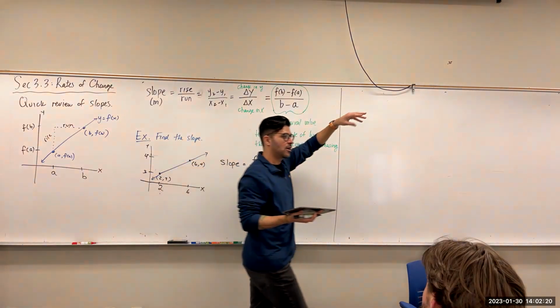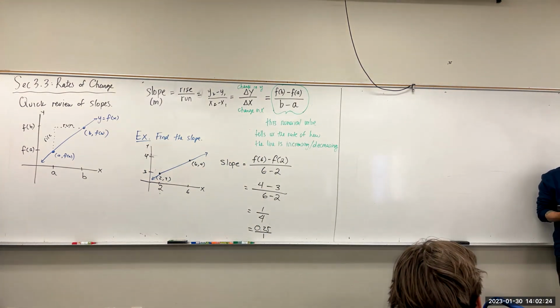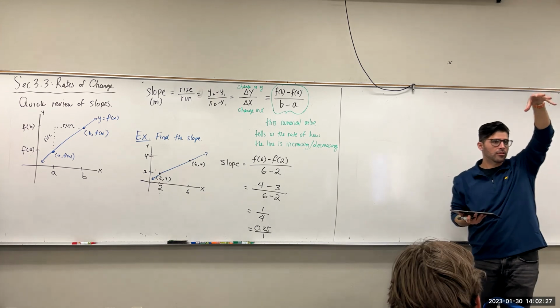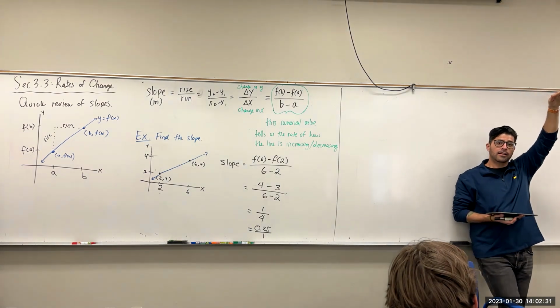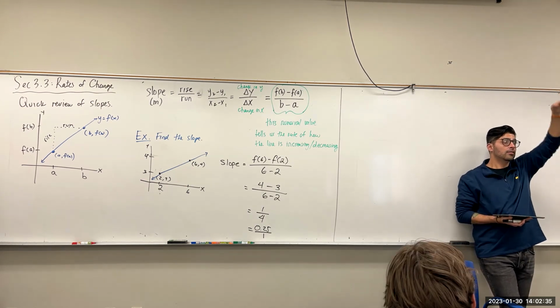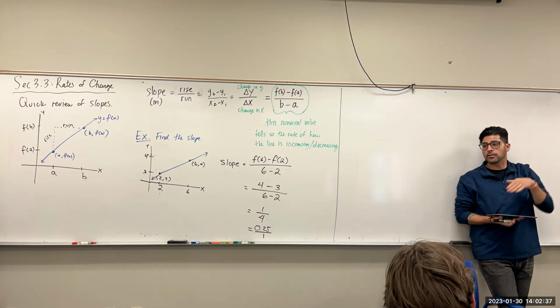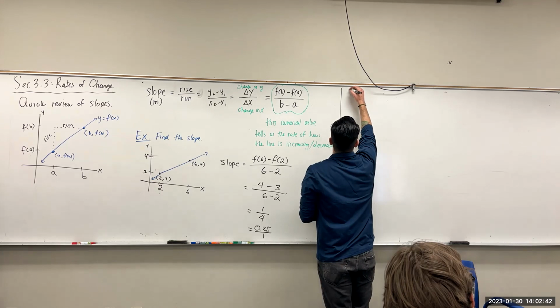One experiment he was doing was dropping, I think the story says pebbles, but I'm not sure what he was dropping, and he was gathering data to see how long the pebble fell after a certain amount of time. So let's talk about that real quick.